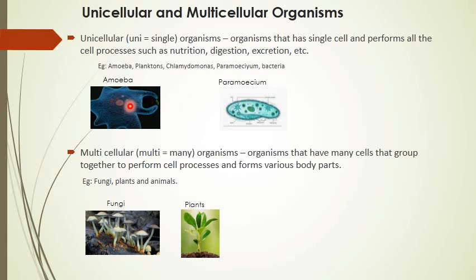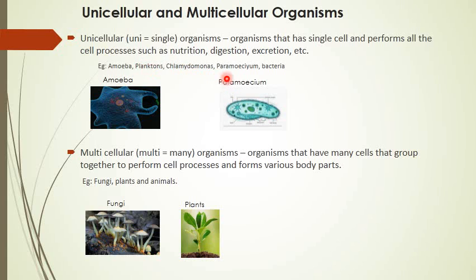The inside material is digested and excreted. So this one cell is performing all the activities of the cell. Here also paramecium, inside things are helping, right? So the one cell is only performing all the activities.